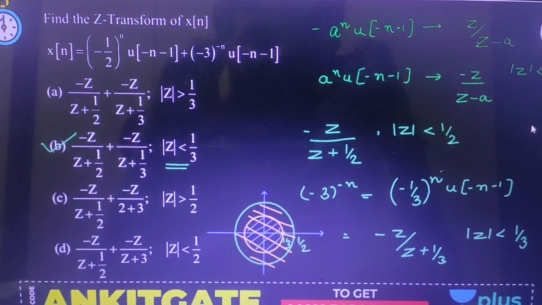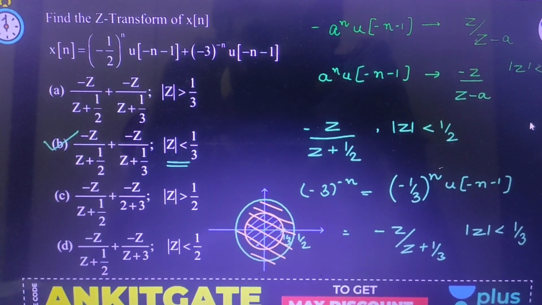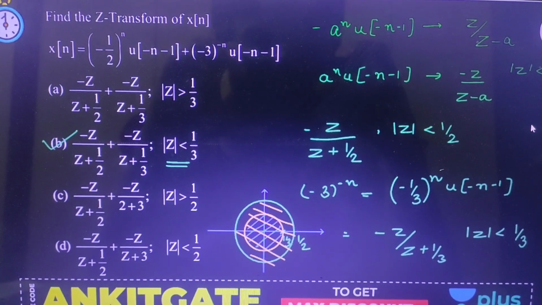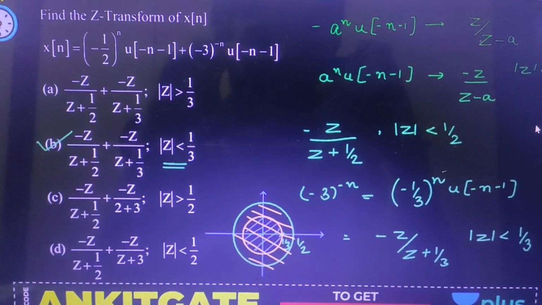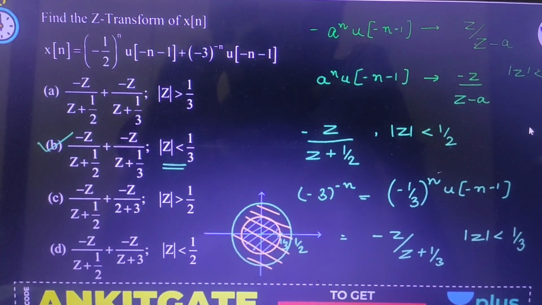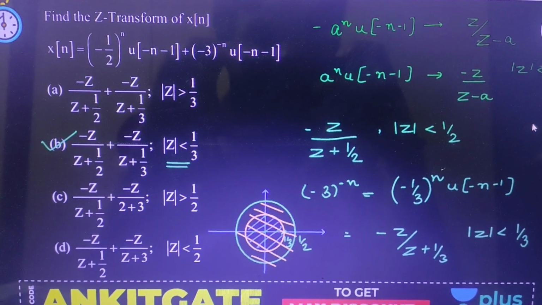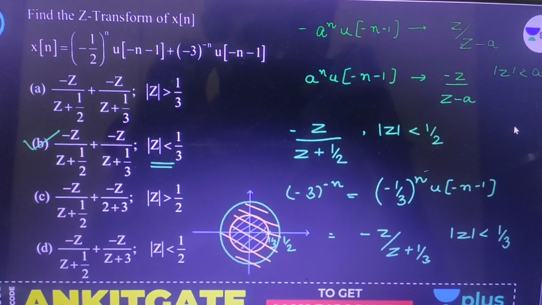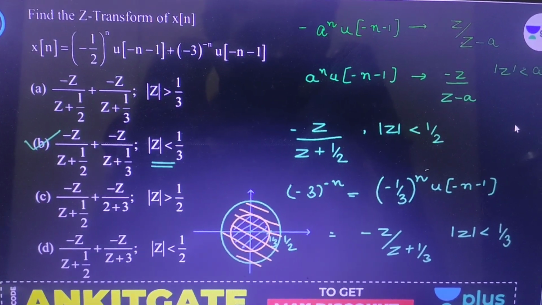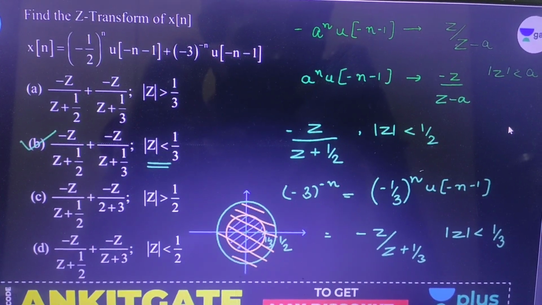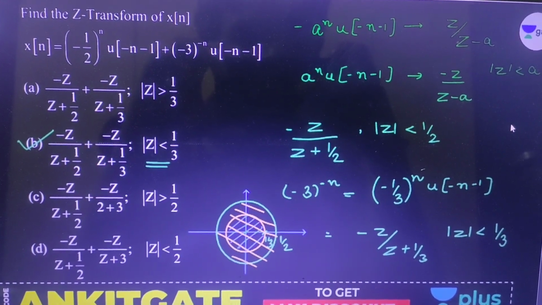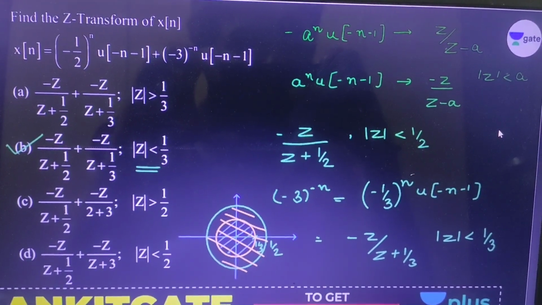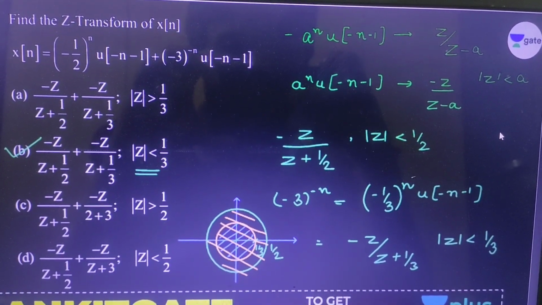Find the z transform of x of n. X of n is minus 1 by 2 whole power n u of minus n minus 1 plus minus 3 whole power minus n u of minus n minus 1. This is in the form of a power n u of minus n minus 1. When it is in the form of a power n u of minus n minus 1, you will write it as minus z by z minus a.